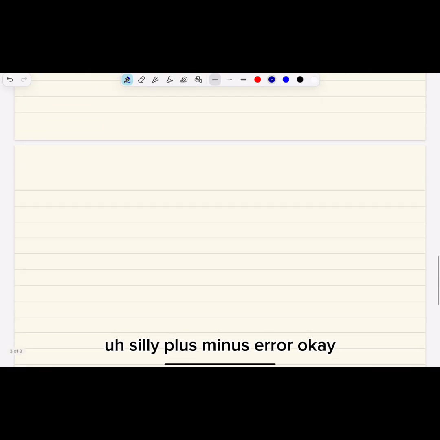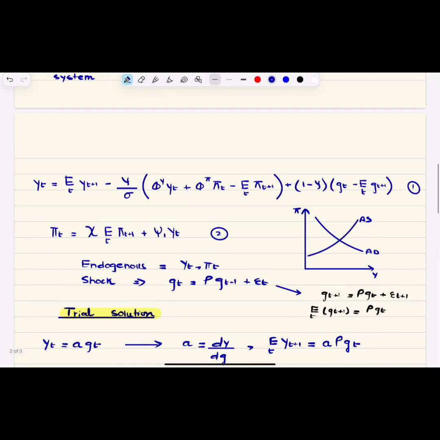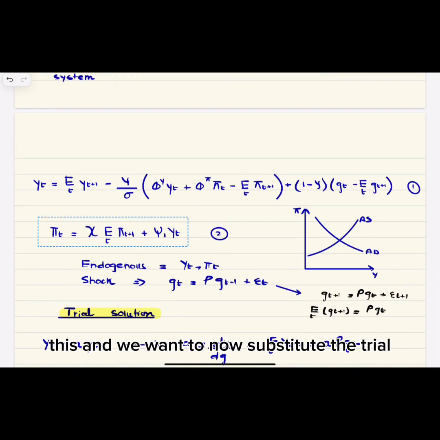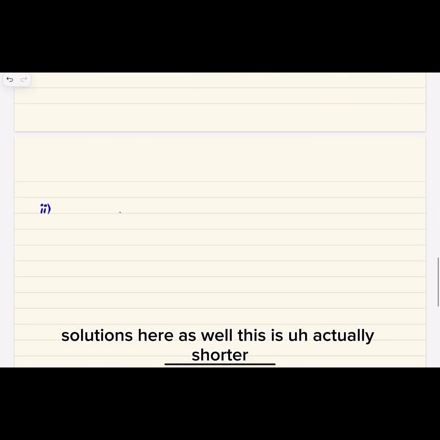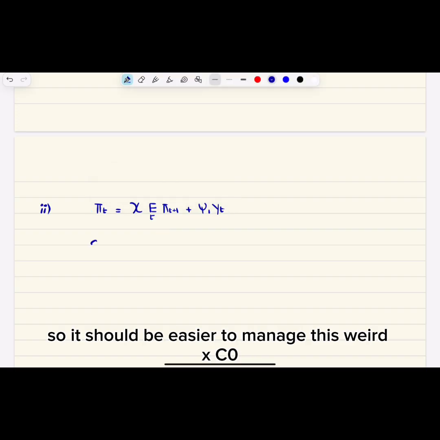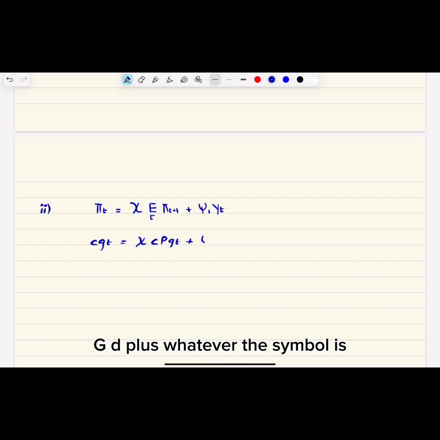Okay, the second equation is this, and we want to now substitute the trial solutions here as well. This is actually shorter, so it should be easier to manage. This x c rho gt plus whatever the symbol is a gt.